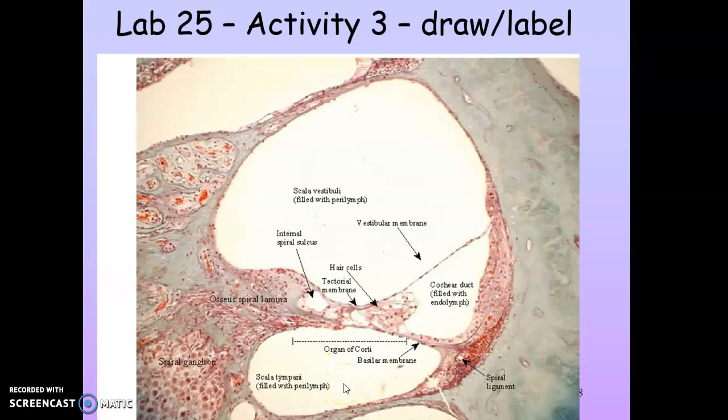These are vibrating areas of fluid, but what they cause to happen is vibration in the middle here. This is called the organ of Corti, and this is where we actually hear. This is where the signal is sent to the brain through the cranial nerve.